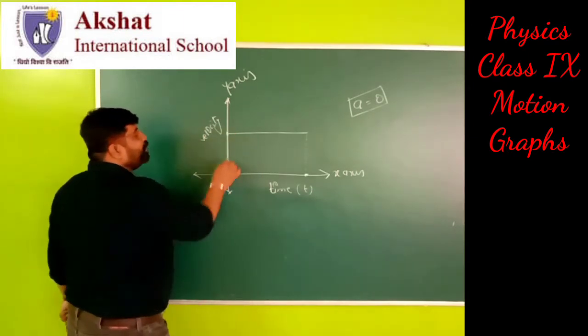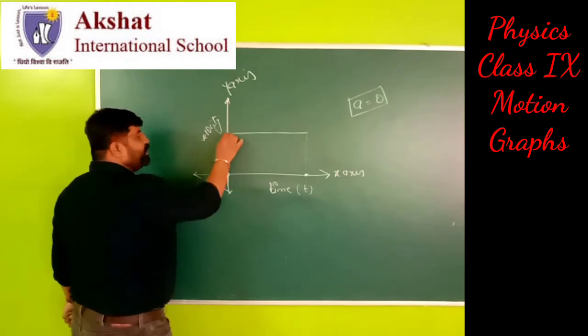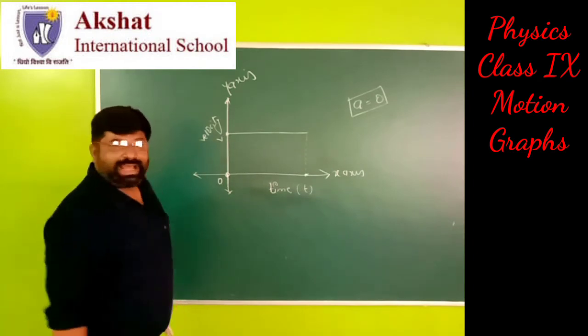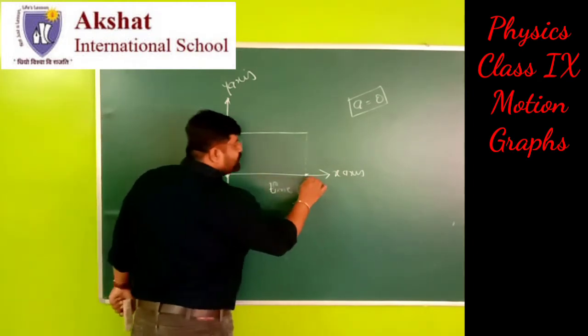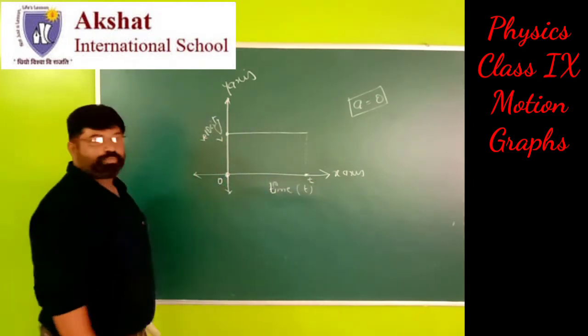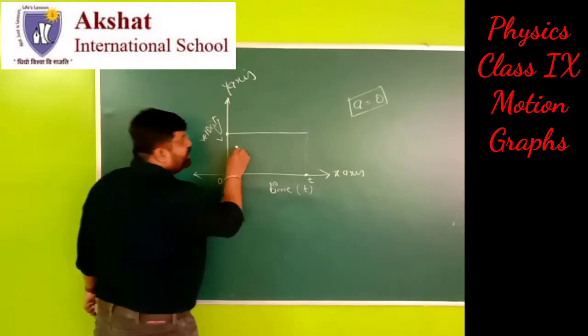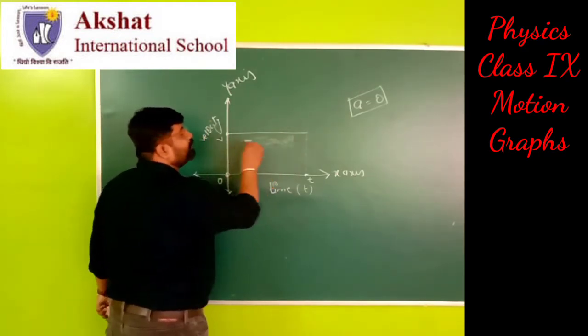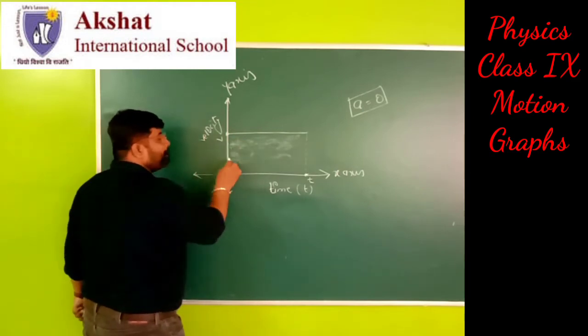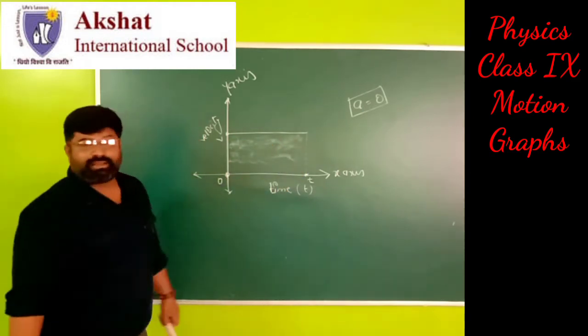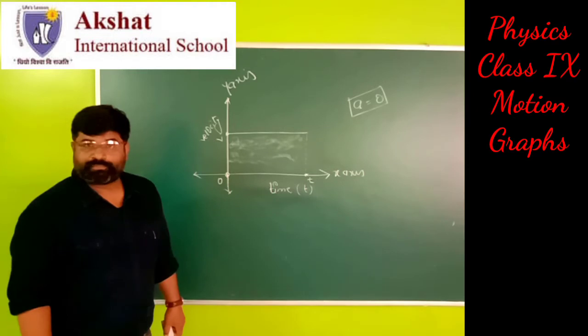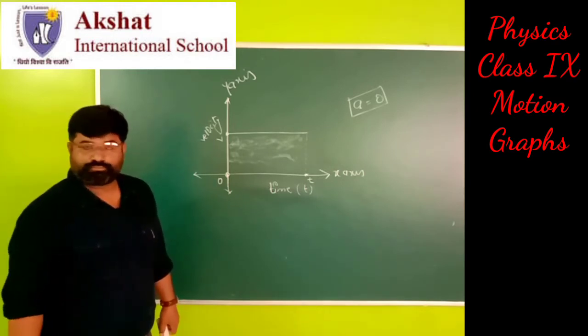For example, the velocity of the object at this point is v and the time at this point is t. Then the area under this graph, that means this whole area, will represent a physical quantity, and that we have to find out.